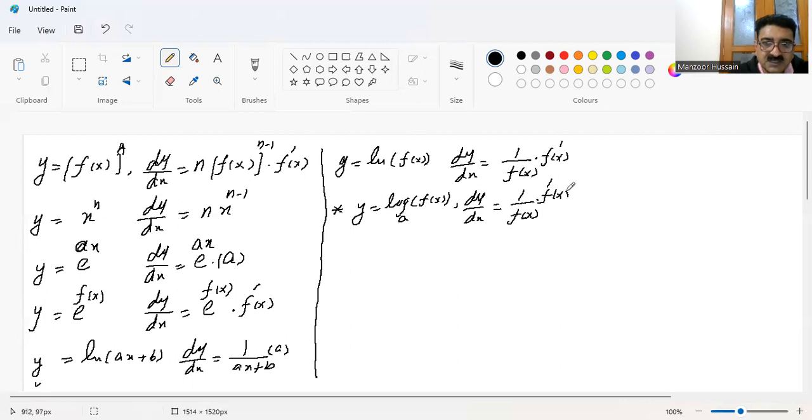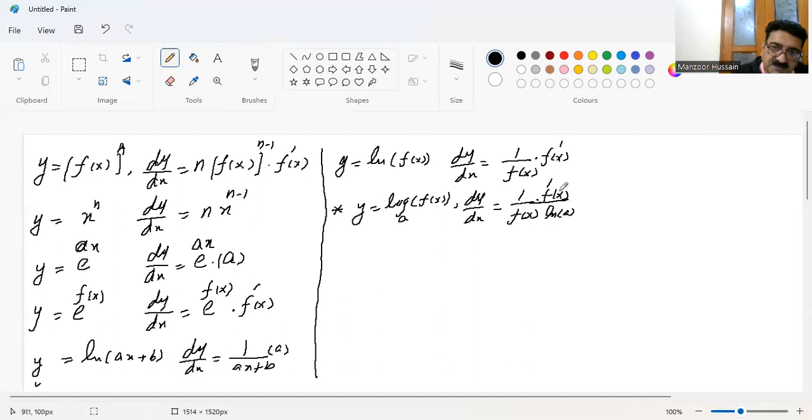And this is actually the same formula, but here there is ln of a. ln of a will also be in the denominator. That's it.